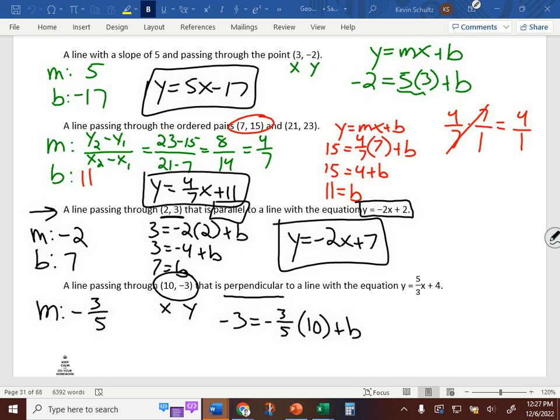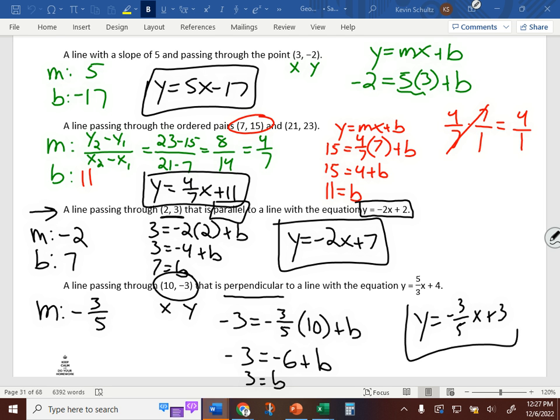Negative 3/5 of 10 is negative 6. Add 6 to both sides. We get a b value of 3. And so our equation: y equals negative 3/5 x plus 3.